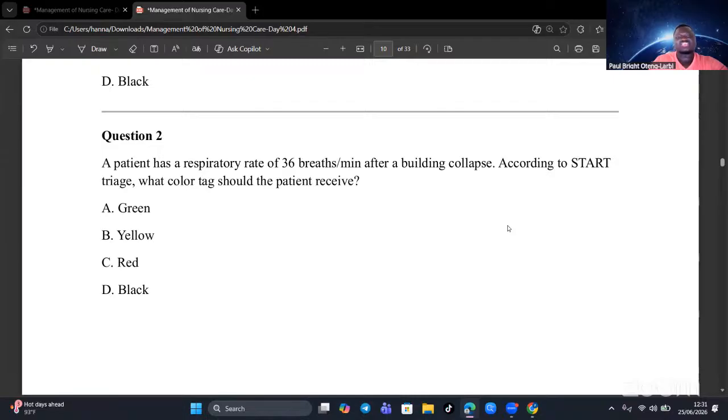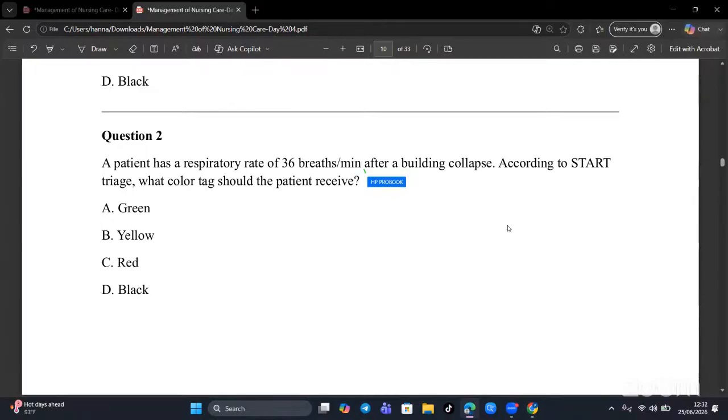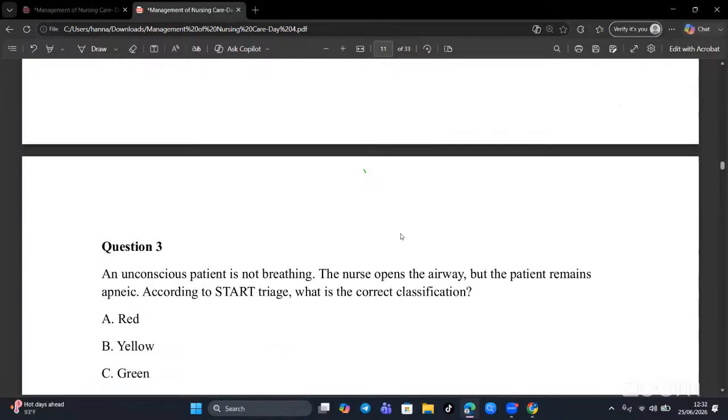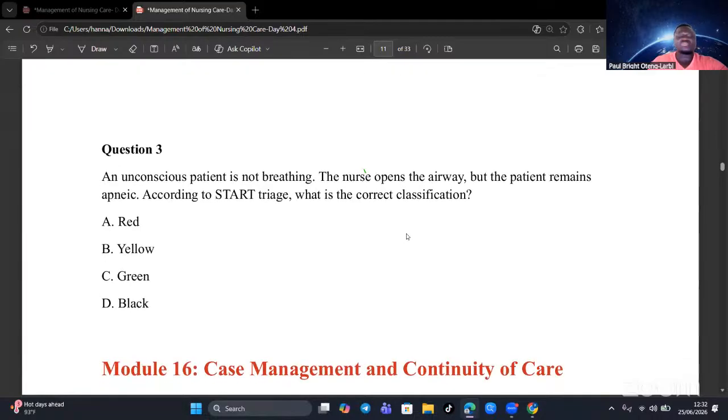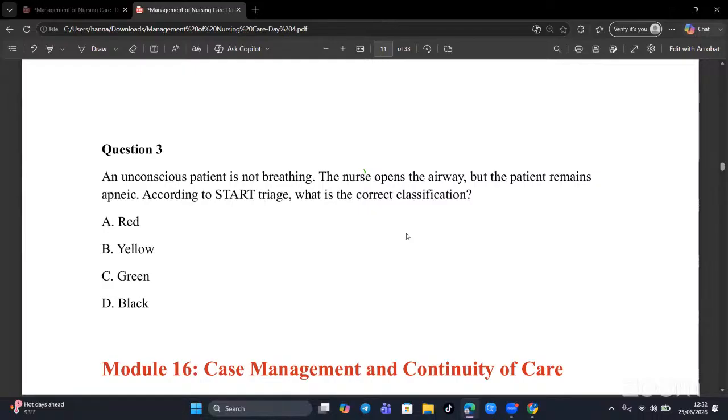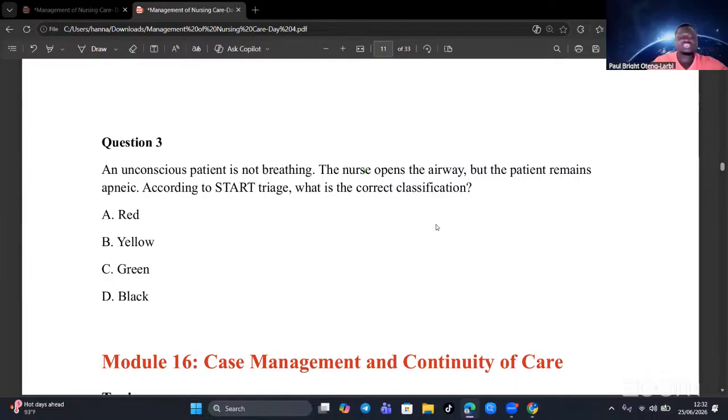According to START triage, what color should the patient receive? Red. Okay, perfect. An unconscious patient is not breathing. The nurse opens the airway, but the patient remains apneic. According to START triage, what is the correct classification? Beyond treatment. Black. Okay.